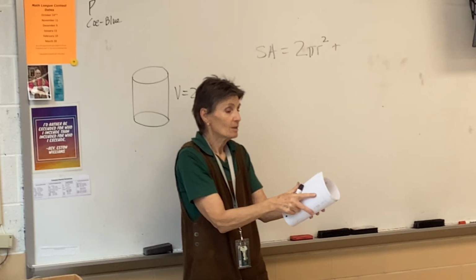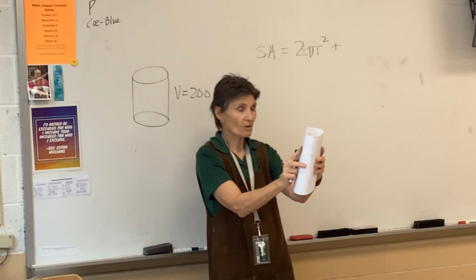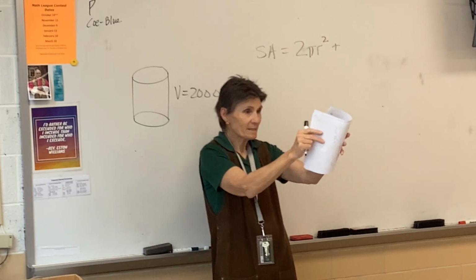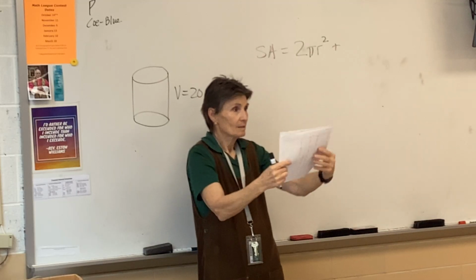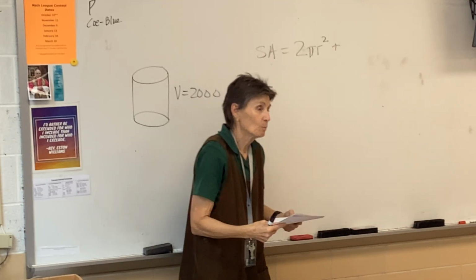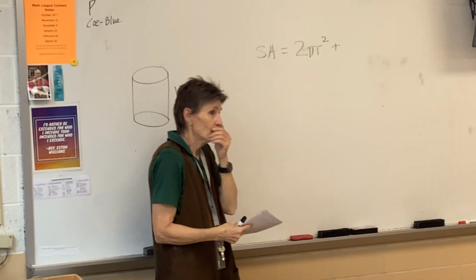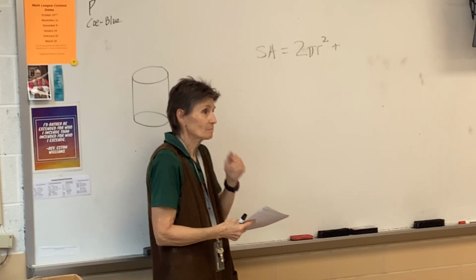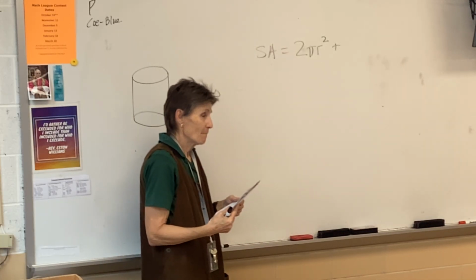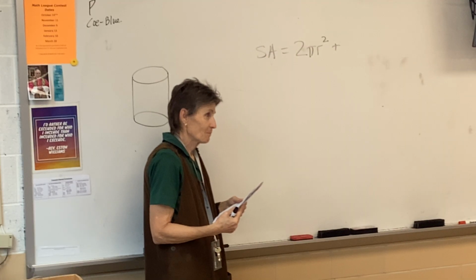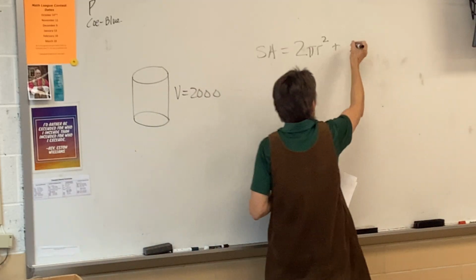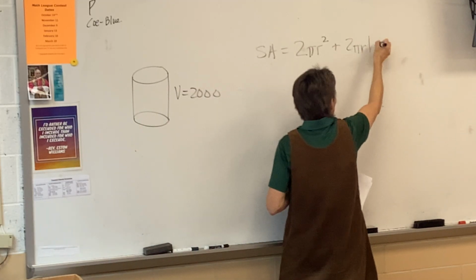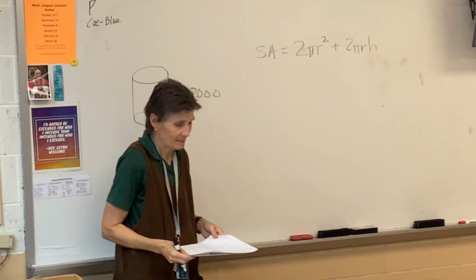Be careful, remember, it started out looking like this. What's the width of the rectangle? The circumference. And what's the formula for circumference? 2 pi r. So it's 2 pi r h. There it is.